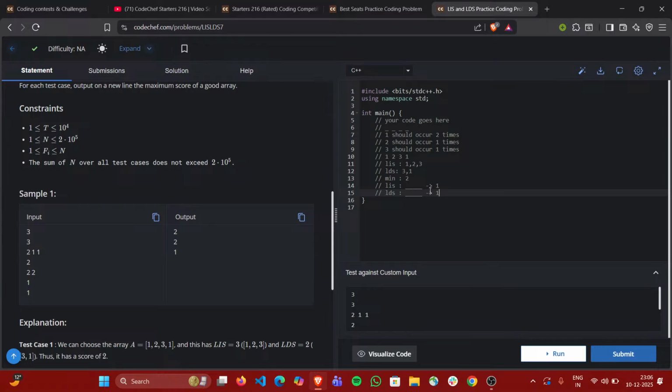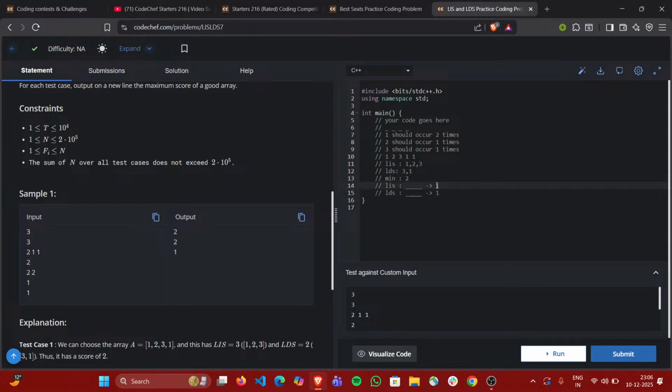Even if I had it 3 times, it would be the same case. I can assign it to the LIS and also to the LDS. For example, if I had 1, 2, 3, 1, 1 as the array, I can assign one here and one here.